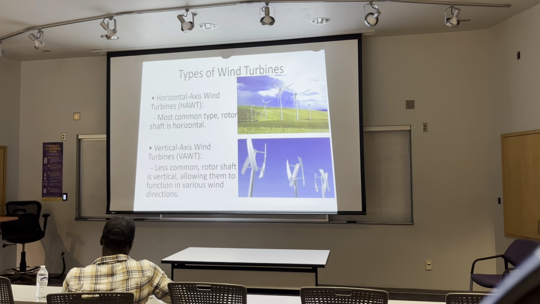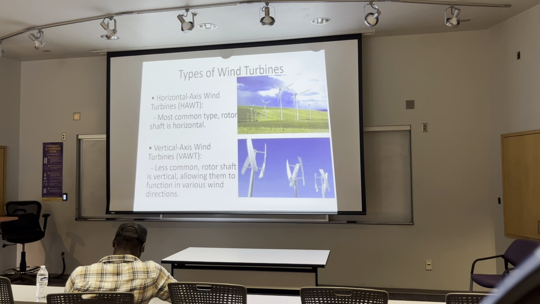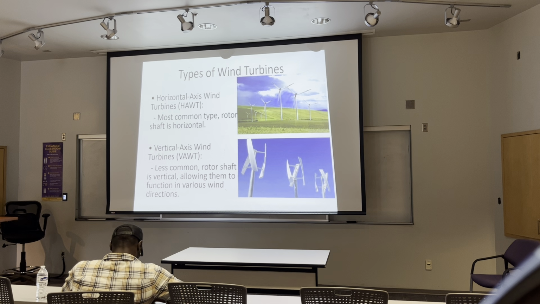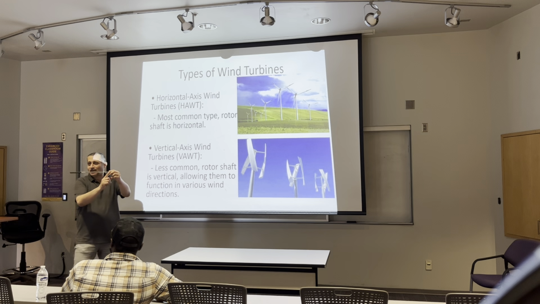I will explain. There are two types of wind turbine: horizontal and vertical. Horizontal means the rotor part rotates horizontally, okay?